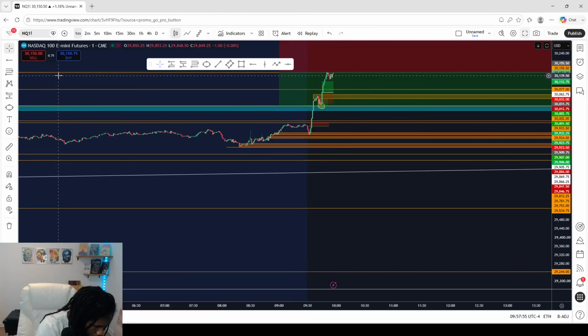Alright, we're looking to possibly sell at 120.30, 120.10. But we have to keep in mind the market is still pushing up pretty heavily.